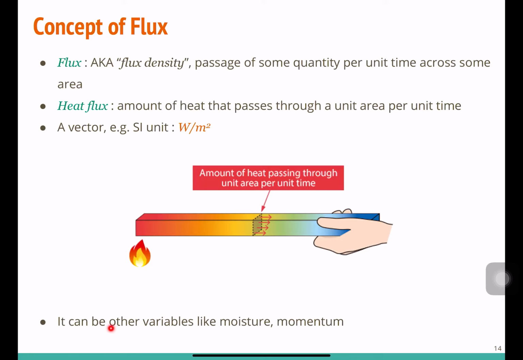And it could be other variables like moisture and momentum passing through. So here we have an example: there is a fire, and then you have some kind of metal, and the heat is transferring or passing through this metal to your hand. So the amount of heat passing through the unit area per unit time, that will be heat flux.